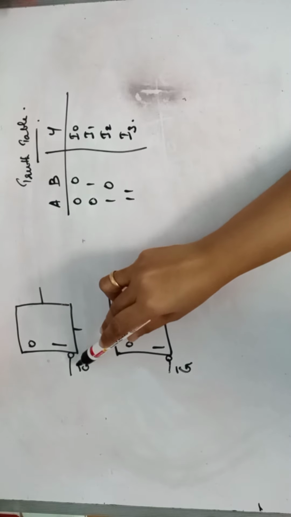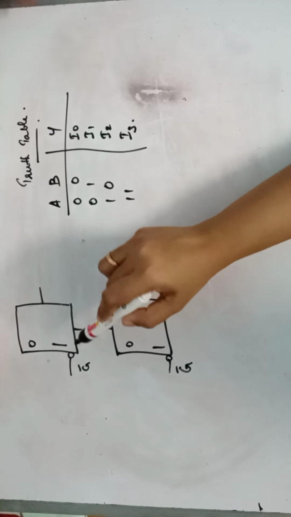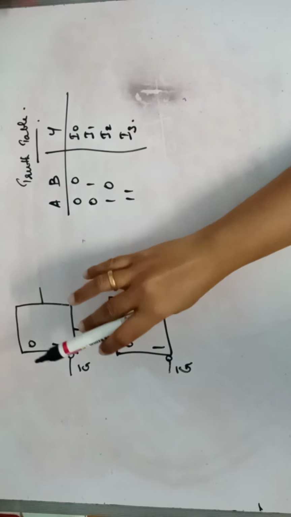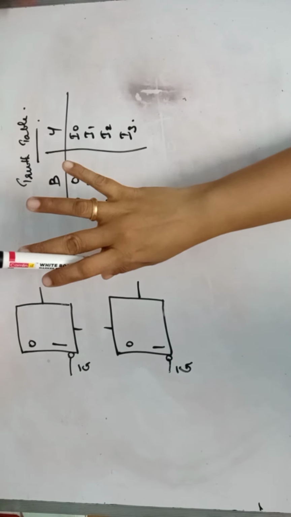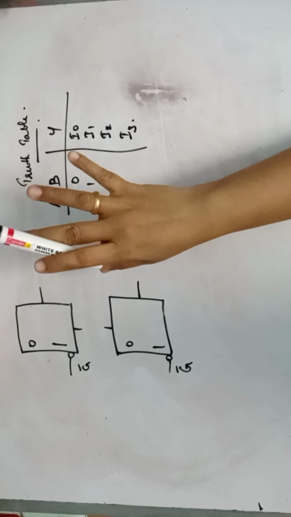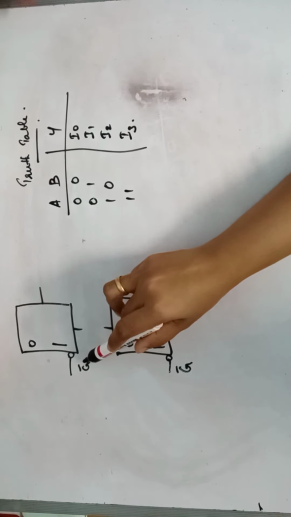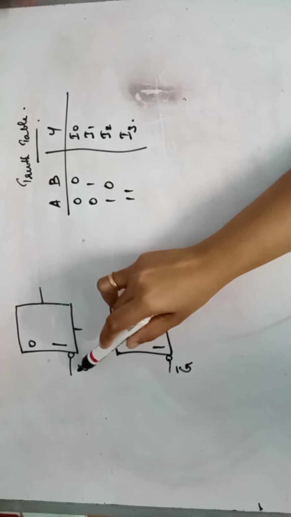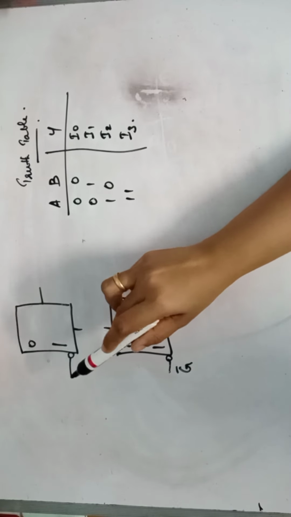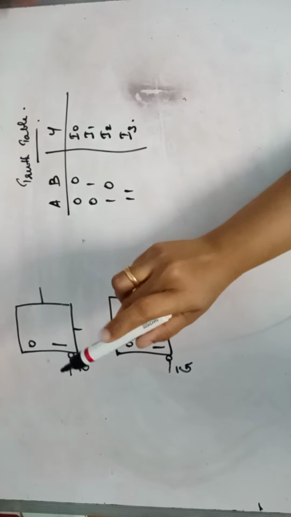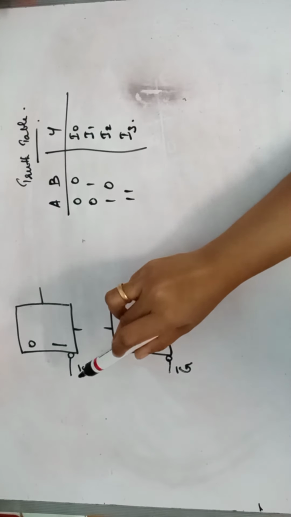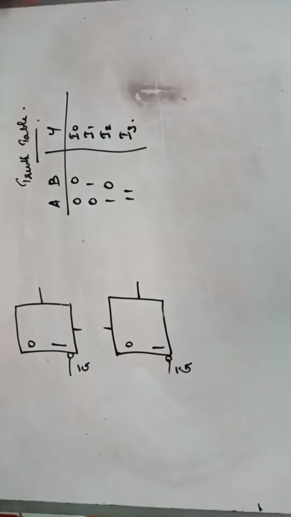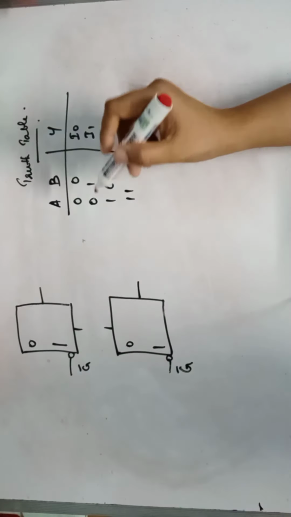If you give a 1 here, whatever be the input, whatever be the select input, you won't get anything at the output. This IC is off. IC will not work. That is when G bar is 1. Okay. So this bubble and this complement sign notates that it is active only if you give a 0 to that particular point.